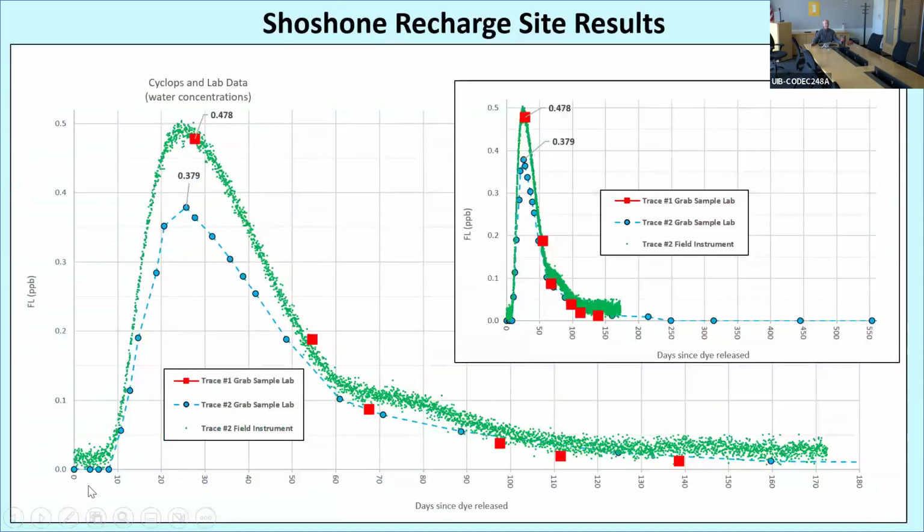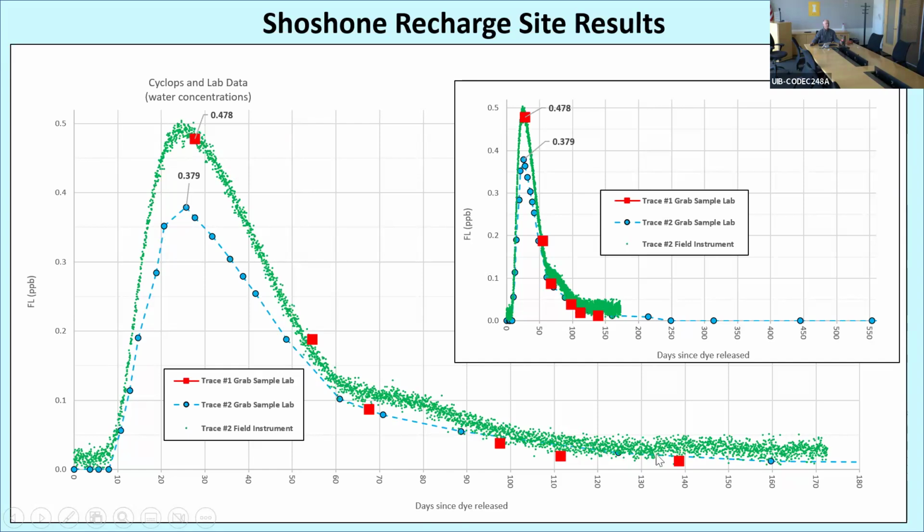These are breakthrough curves from the Shoshone recharge basin tracer tests. Tracer test number 1 is in red. And those are grab water samples, the red squares, and grab water samples in the blue symbols. The instrument data, 10-minute data, is green.